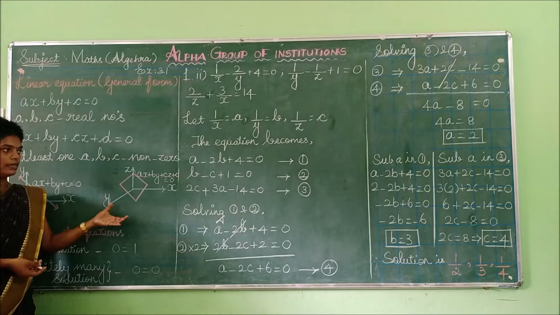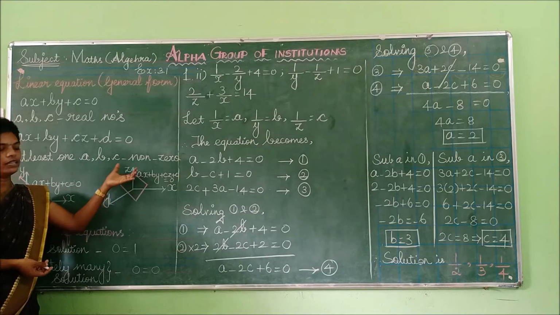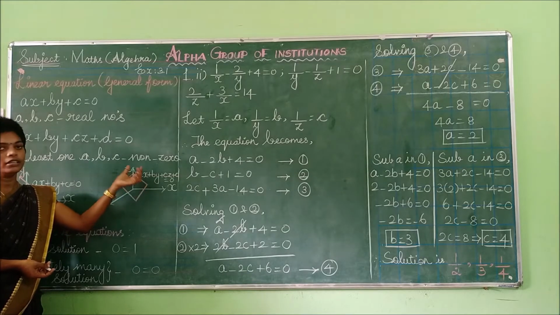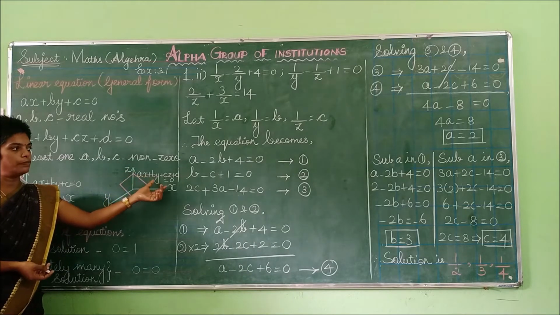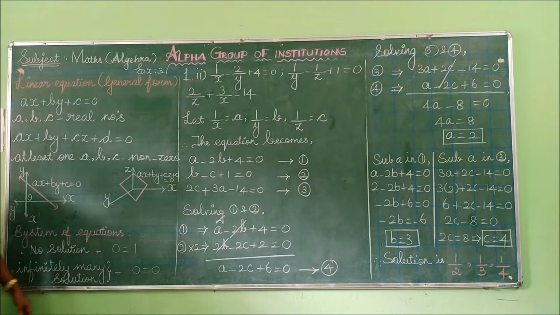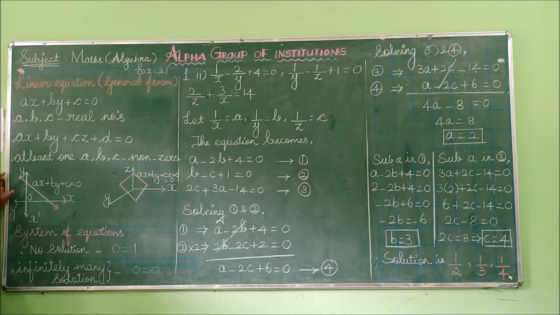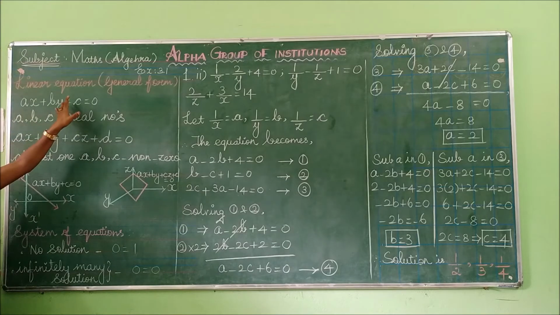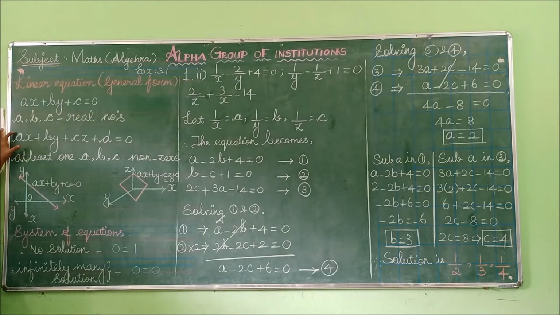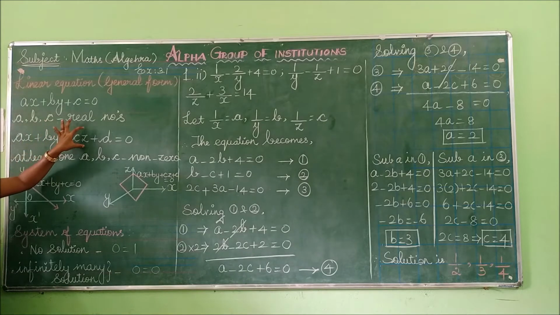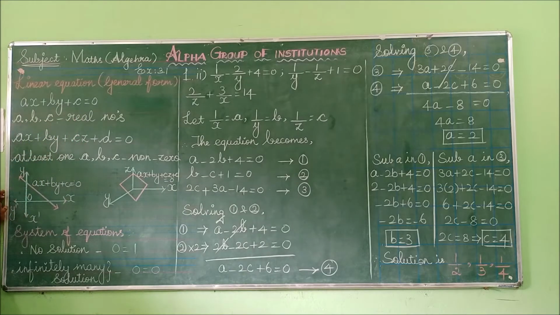It is arranged in a plane x, y, z. So the general form is ax plus by plus cz plus d equal to 0. This is the main concept. If the linear equation contains two variables, the function will be ax plus by plus c equal to 0. If it is three, then ax plus by plus cz plus d equal to 0.